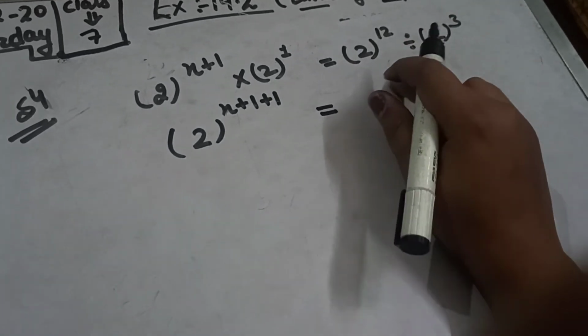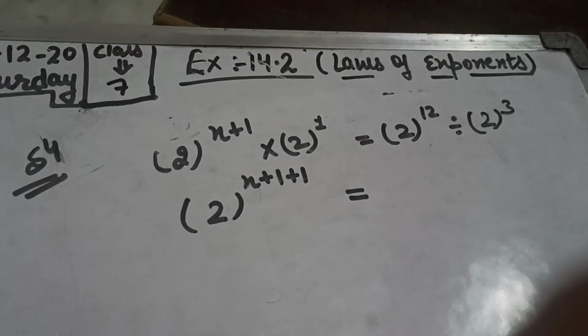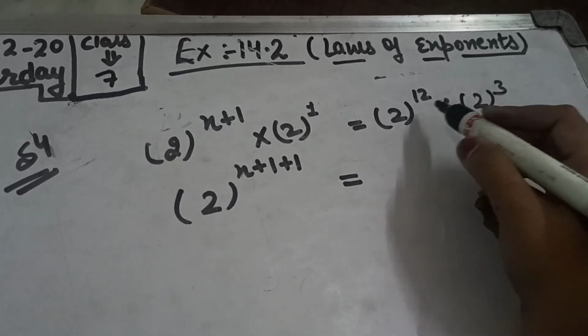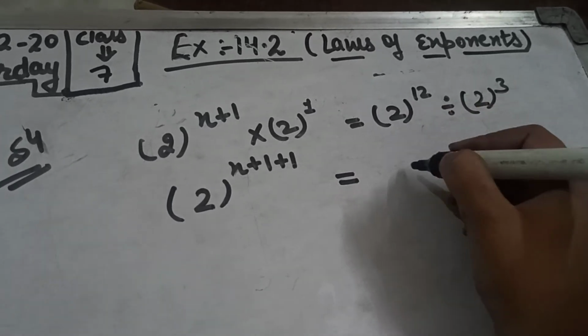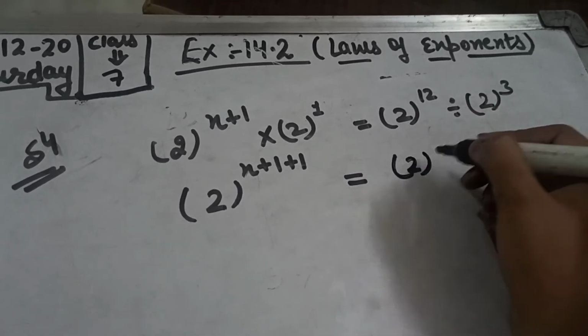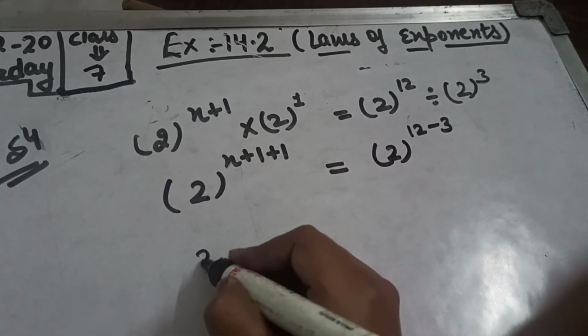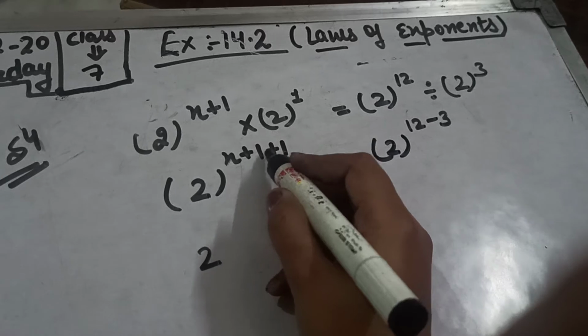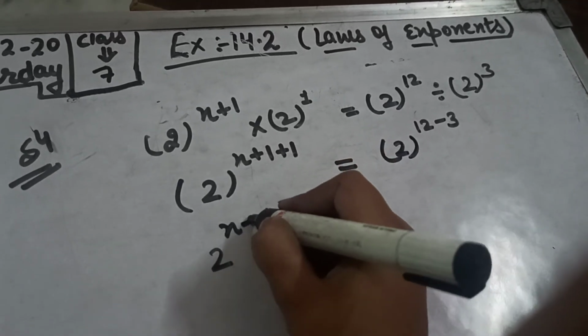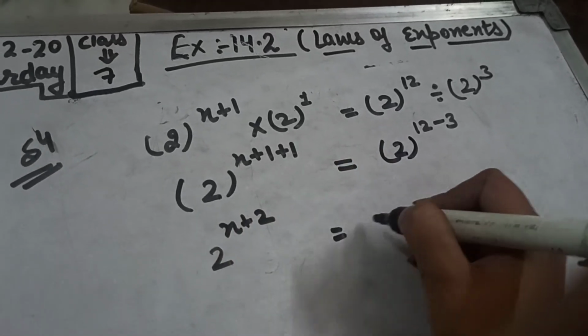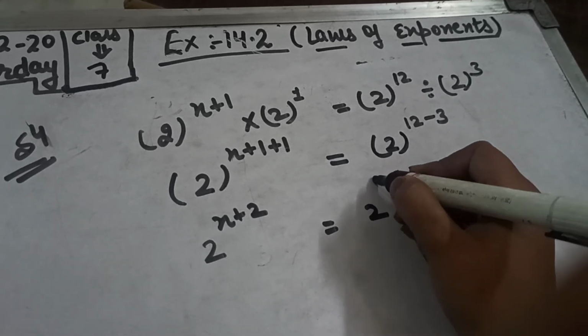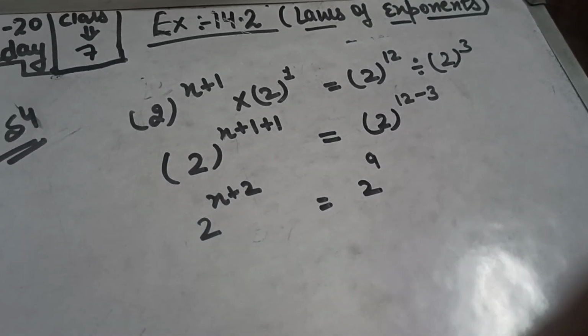equals, here, now the base is same but we have to divide. When we divide, we will subtract the powers. So here it is x plus 1 plus 1, x plus 2. Again 2, 12 minus 3 equals 9.